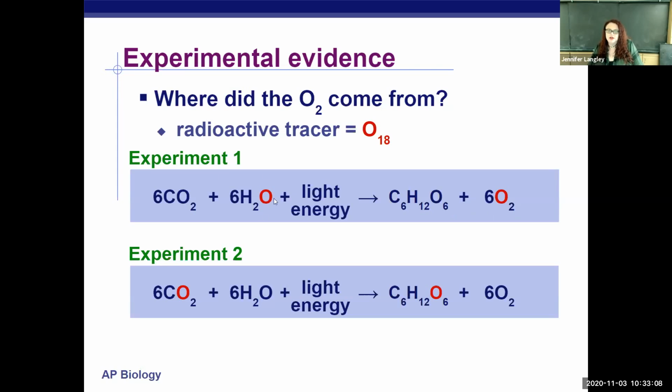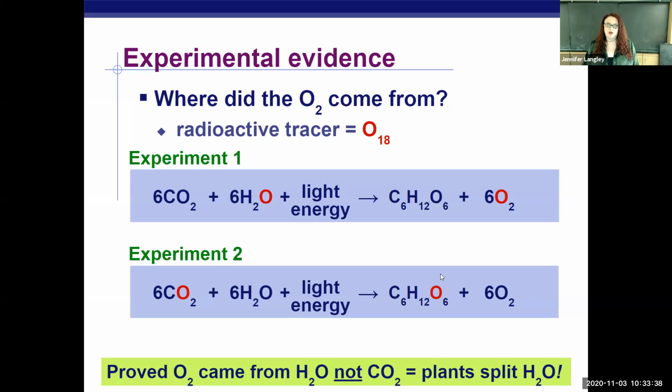So we know that water is split using the hydrogens to take the electron and then creating oxygen gas. In a separate experiment, they tagged only the carbon dioxide oxygens and allowed it to go through the system. And they found tagging on the sugars that were produced, but not on the oxygen. So we know that the CO2 is converted directly to those sugars. So we're able to actually track those oxygens.